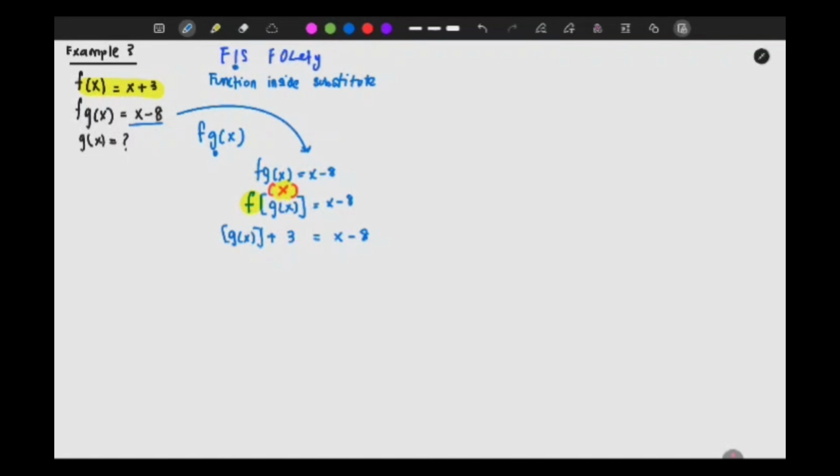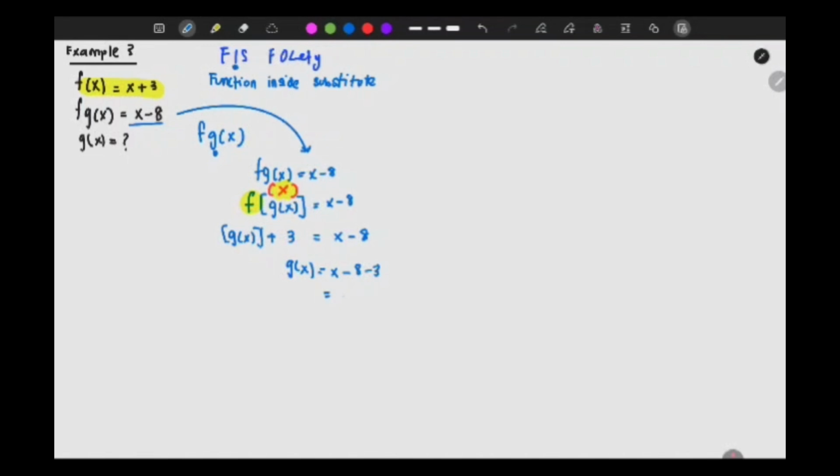And now you want to find your g(x). The positive 3, you bring that side, become negative 3. So your g(x), you minus 8, and then you minus your 3. Don't forget, positive 3 bring here become negative 3. So negative 8 minus 3 become negative 11. So this is your g(x).